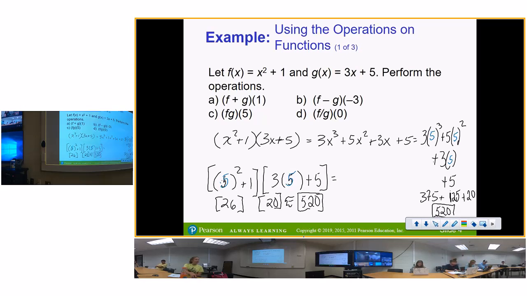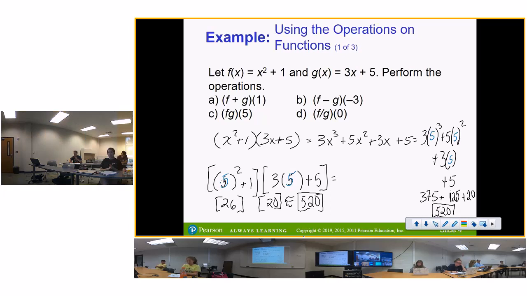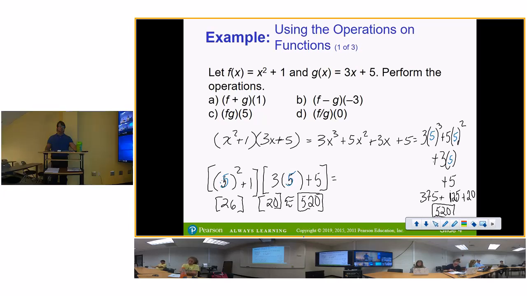Question, gripe, complaint. Now you do F divided by G. And the reason I'm covering these twice is because these are standardized test questions. They're also test questions on my test. So that's why I'm covering them twice. I gave you my notes and we're also doing them again because I want to make sure.